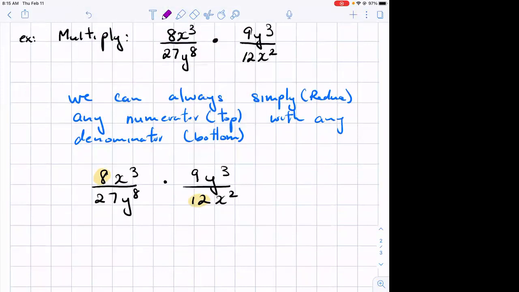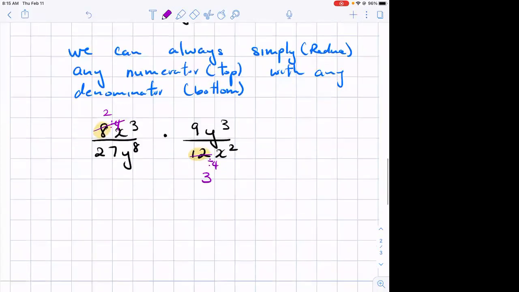If you divide here by 4, and you divide this by 4, this will become a 2, and this will become a 3. So that leaves me with 2x cubed over 27y to the 8 times 9y cubed over 3x squared.